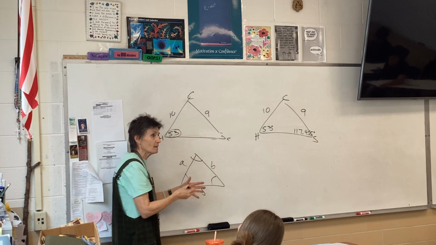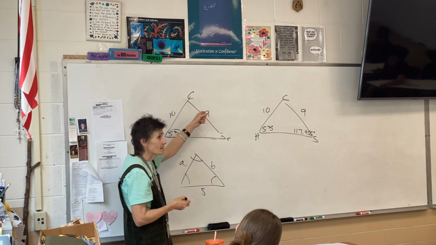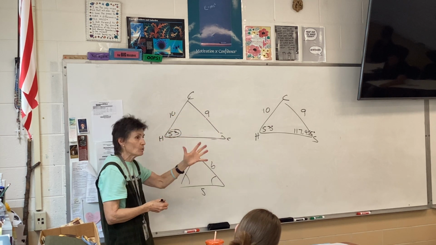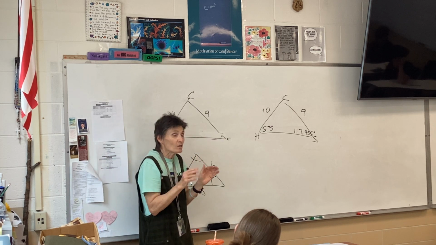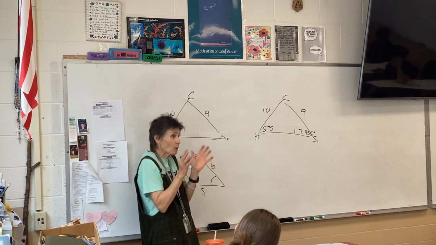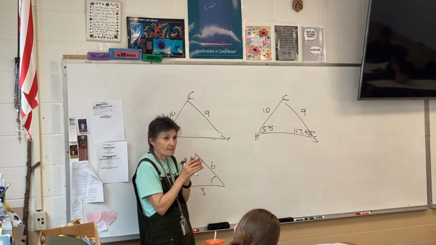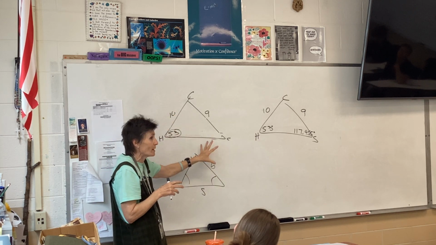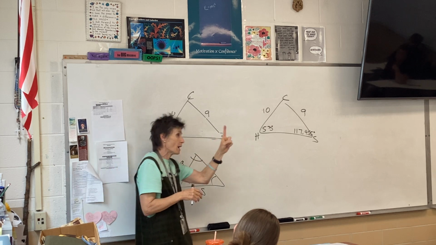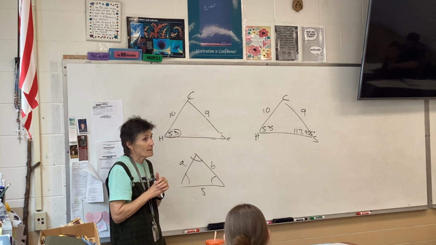Those were all fine. Why is this one not fine? Angle, side, side is not a congruence postulate. Remember when you did your proofs? Could you use ASS? No. Your teacher probably said, it makes a bad word, don't use it. It's called the ambiguous case. And the reason it's not a congruence postulate is because of this situation. You don't know whether you have one or two triangles that meet the qualification.